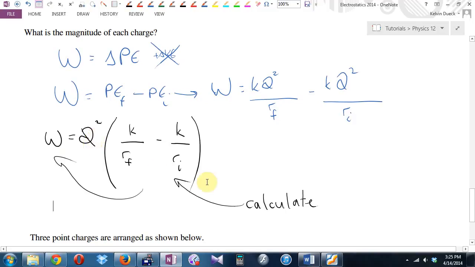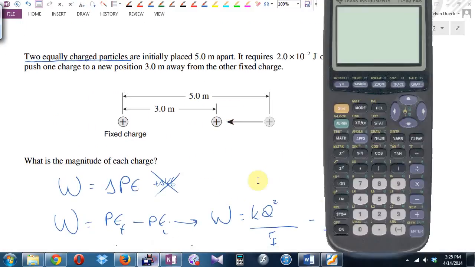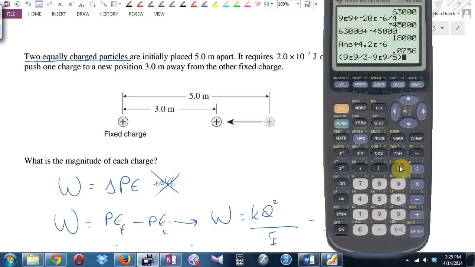So if I were to calculate this, work equals Q squared. Really quickly I'm going to go back to my diagram. It's going to be bracket 9 times 10 to the 9th divided by R final, 3, minus 9 times 10 to the 9th divided by R initial, 5.